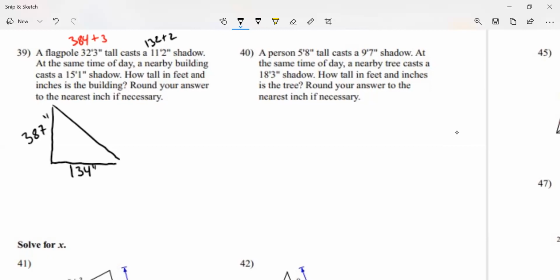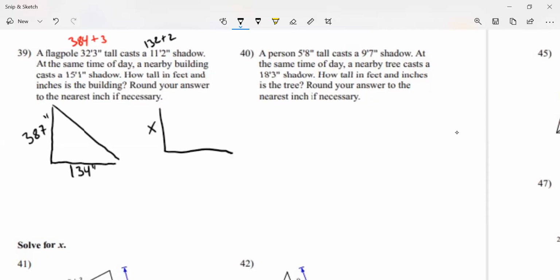At the same time of the day, a nearby building, I don't know how tall the building is, has a shadow of 15 feet and 1 inch. So I'm going to go 15 times 12. That's 180. So 15 feet is 180 plus 1. It's going to be 181 inches.